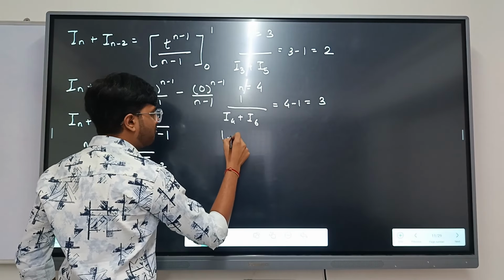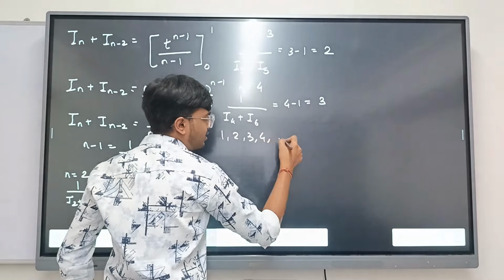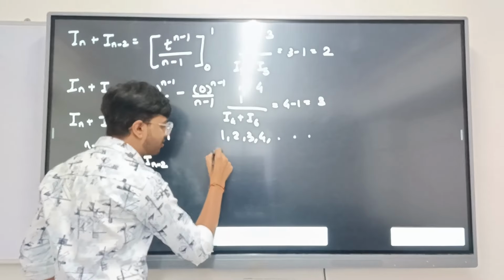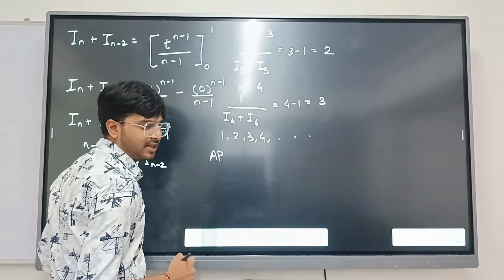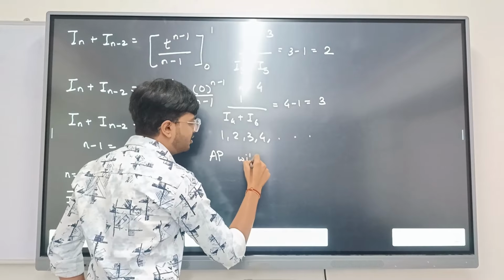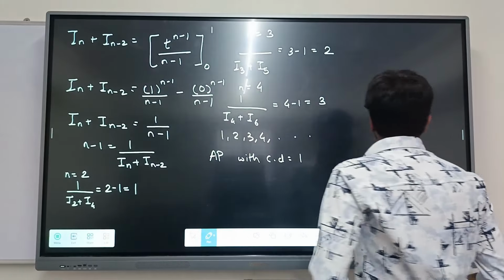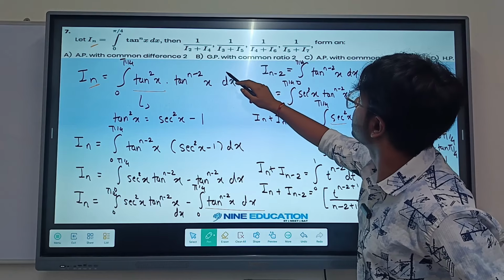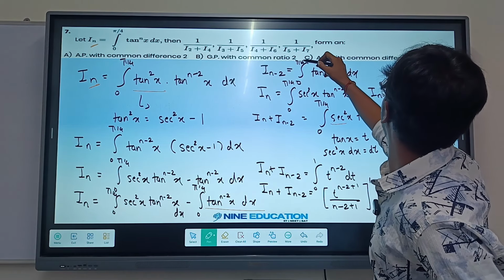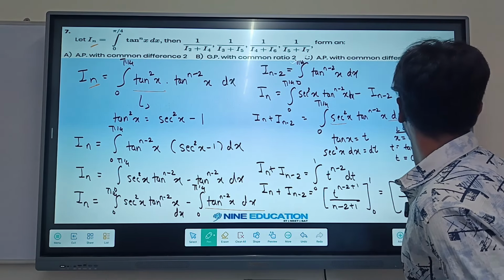So if you look, 1, 2, 3 and so on, this order will go on. So it is an AP, that is arithmetic progression, with common difference 1. So which option is there? AP with common difference 1, option C.